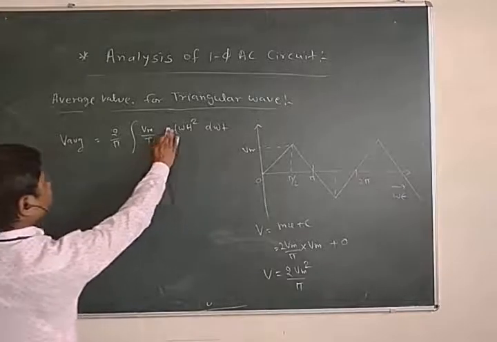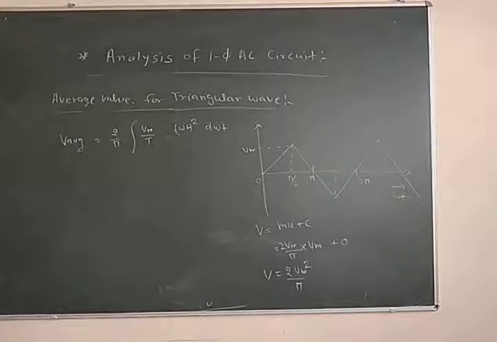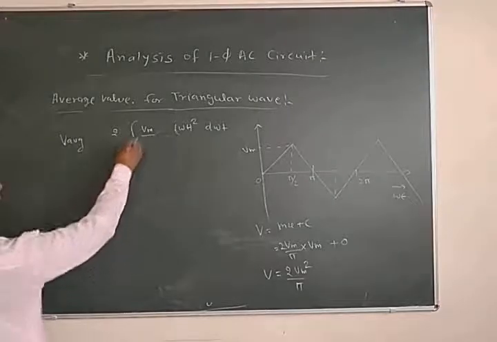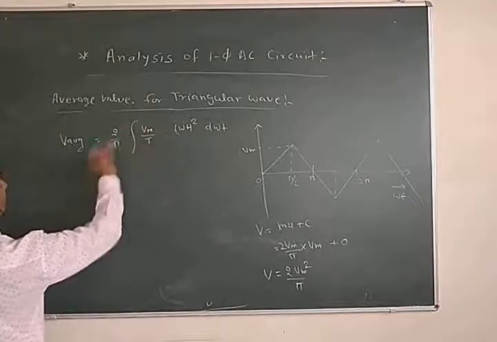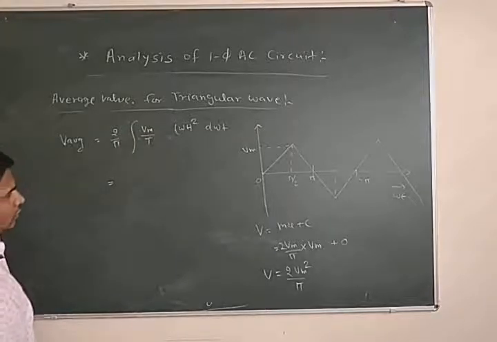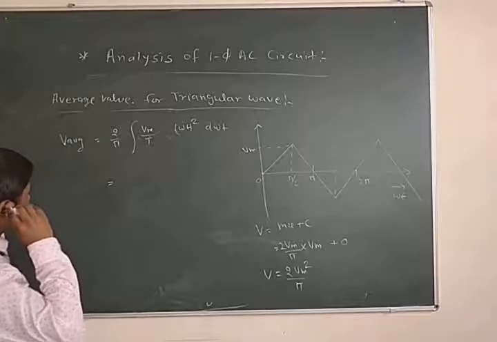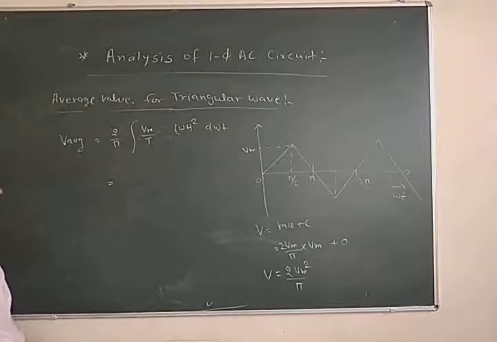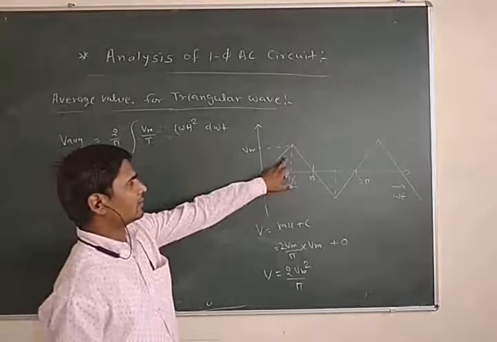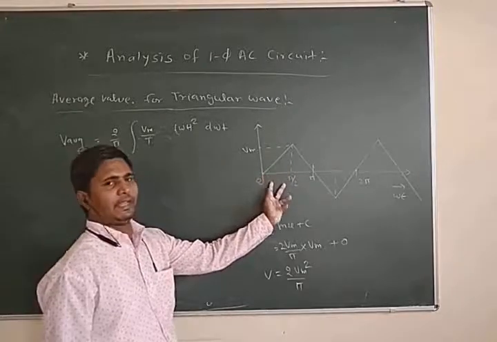Simply, we can find the average value for the given function as the area under the curve divided by the time taken.